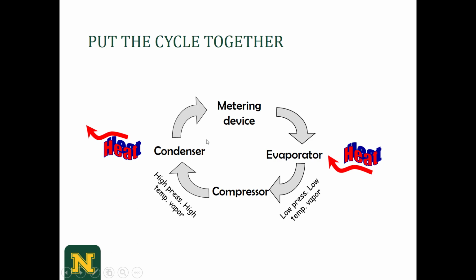This is where we eject the heat from the system, which causes the refrigerant to cool and condense, turning into a high pressure, warm temperature liquid. So now we are going from vapor into liquid here. And at this point, we have the metering device that turns our high pressure, warm temperature liquid into that low pressure, low temperature liquid vapor mixture.